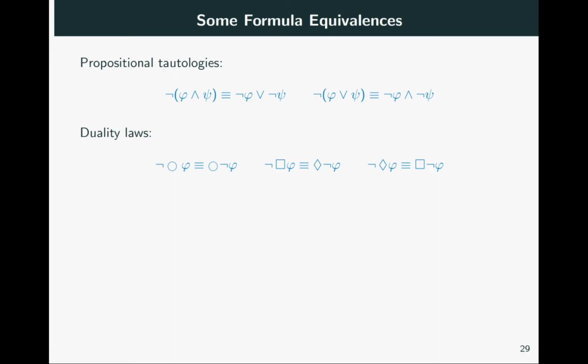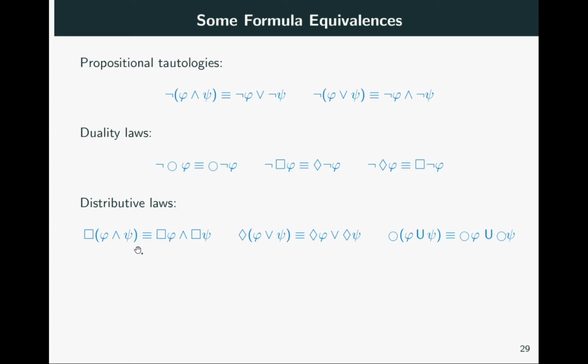Then we have the distributive laws, saying that phi and psi are always true is the same as saying that phi is always true and psi is always true. Similarly, eventually phi or psi is equivalent to eventually phi or eventually psi.